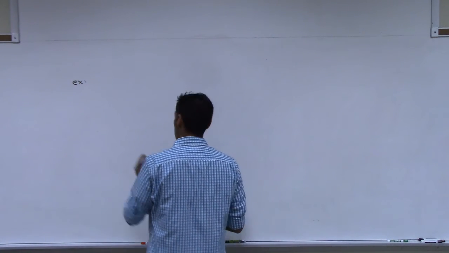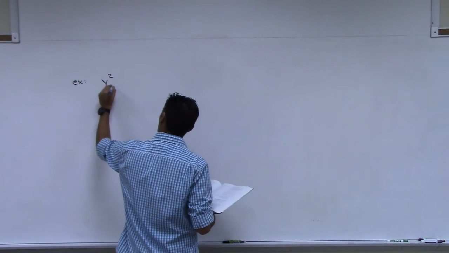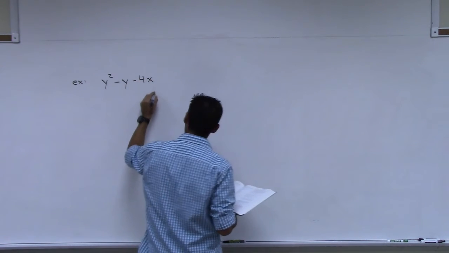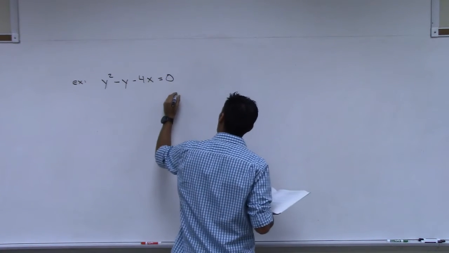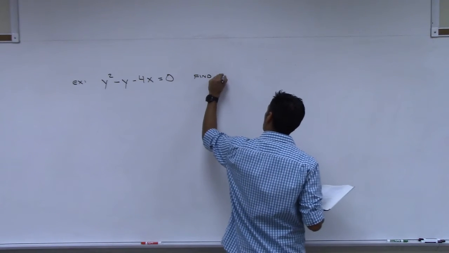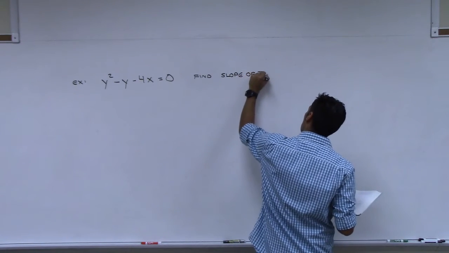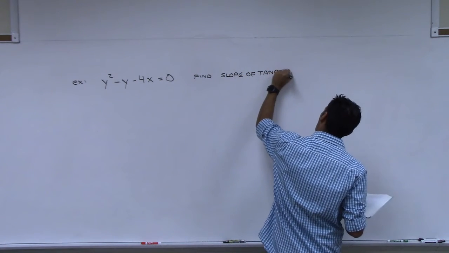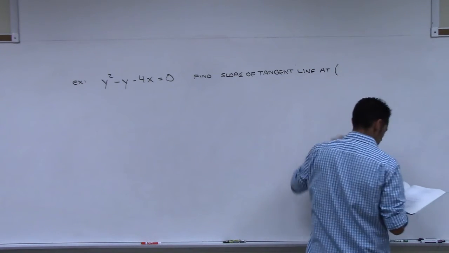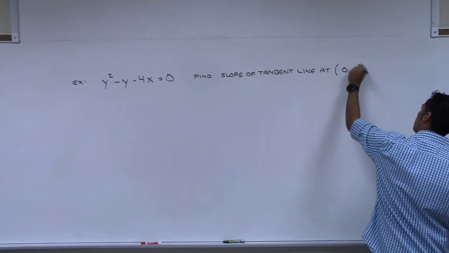All right, let's do this one. y squared minus y minus 4x equals 0. Find the slope of the tangent line at the point 0, 1.